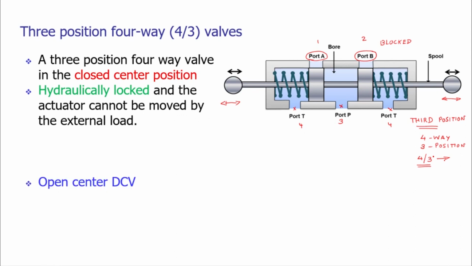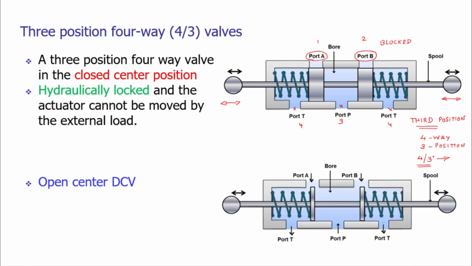Well, somebody will say that I want to have an open center DC valve. So an open center DC valve can be made by using this arrangement. Here you can see, instead of having a very broad spool, we can have a thin spool, and that thin spool can be utilized to connect port A to the tank port and port B to the tank port during the unloading operation or the relieving operation.